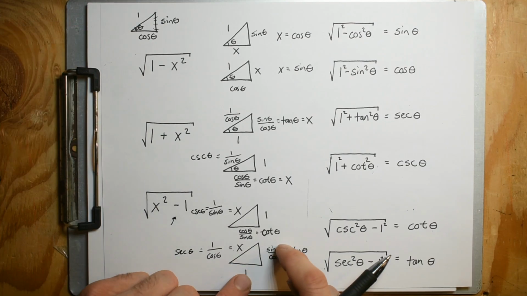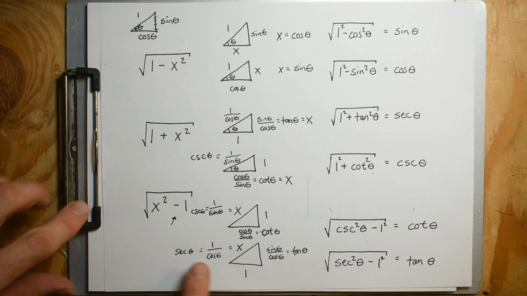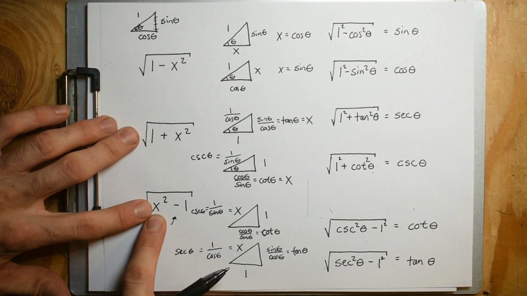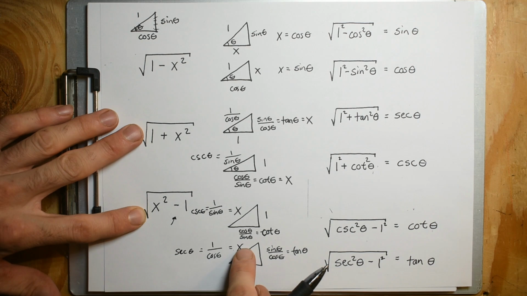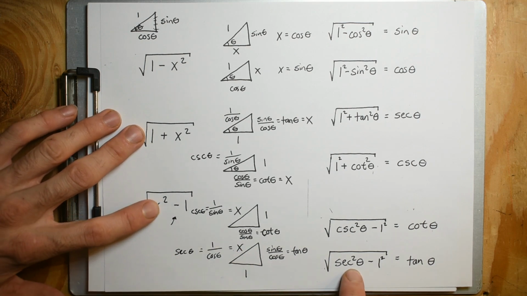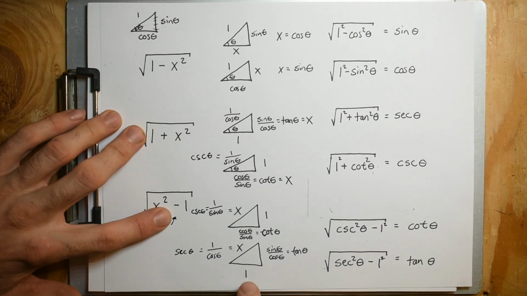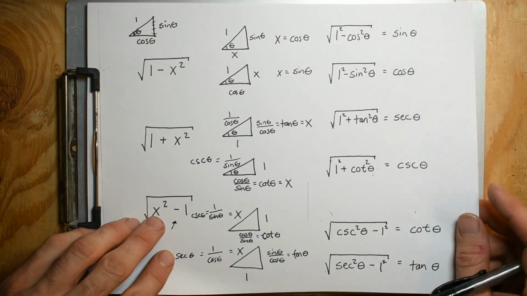And then sine theta divided by cosine theta is tangent theta. What are they after? They're taking the hypotenuse minus this side. They're trying to find this side. So that's going to equal tangent theta. And then let's throw in this value of x. So we're going to have secant theta squared minus 1 squared, square root that, is tangent theta.